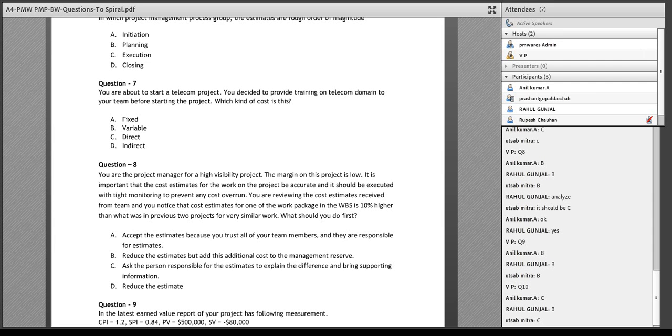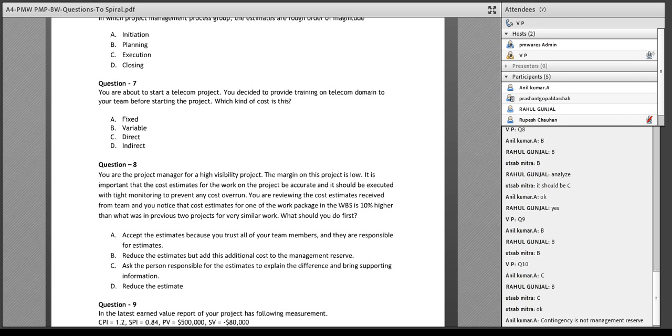No. Management reserve is not part of the cost baseline. Project costing plus contingency reserve makes the cost baseline. And as I explained at length, time-phased expenses are the project budget. Or that's what they're saying, the time-phased cost is the project budget.